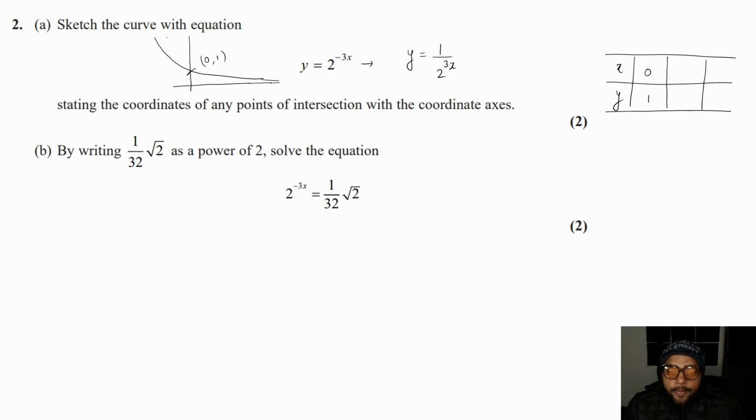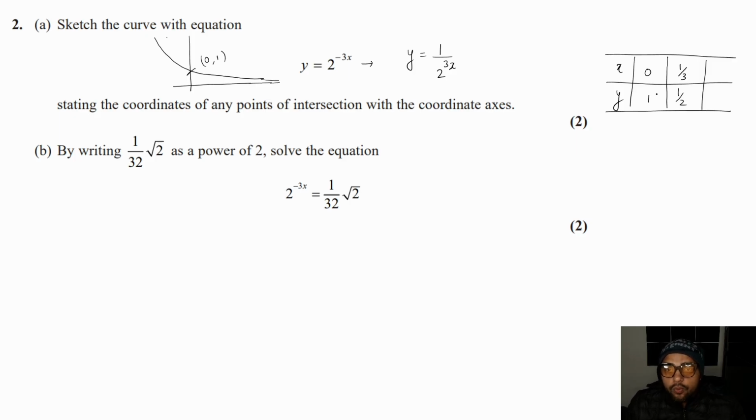Okay, this is the first point. Now let's say what will be the second point. So we can take any point of our choice. So if I say take x equals to 1 by 3, and plug the value of x equal to 1 by 3 here, what we will get, the value of y will be equal to 1 by 2.